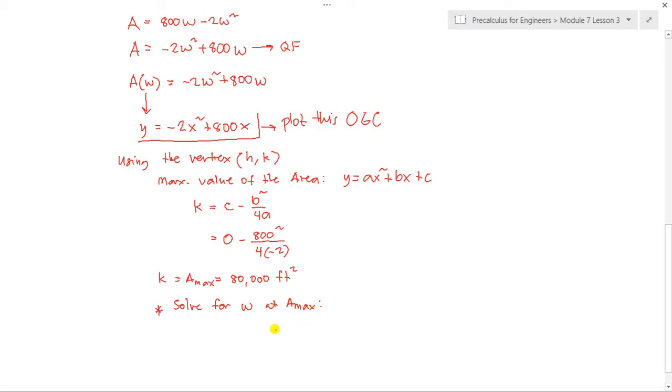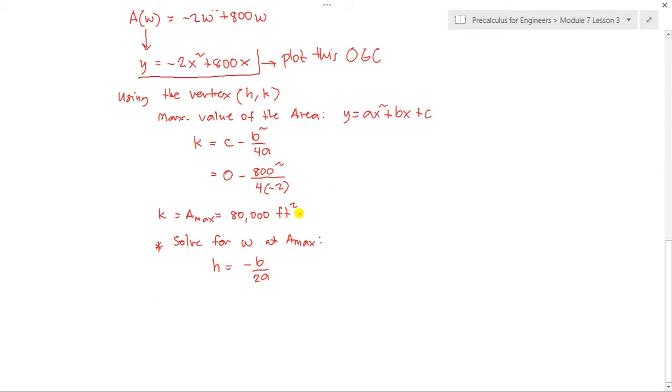So we're still using the vertex formula. So that is for H. Remember, H is equal to negative B all over 2A. And from here, we already know that B is 800. So that is negative 800 all over 2 times A, which is negative 2.